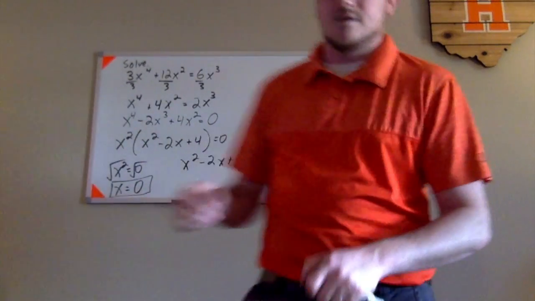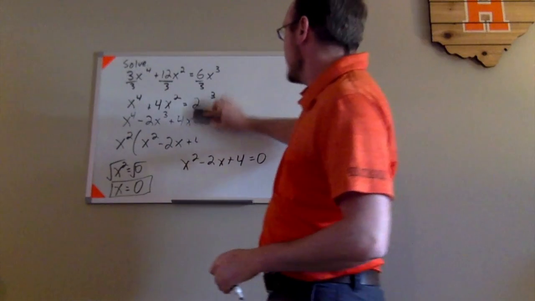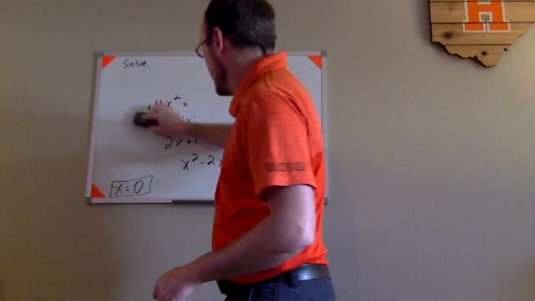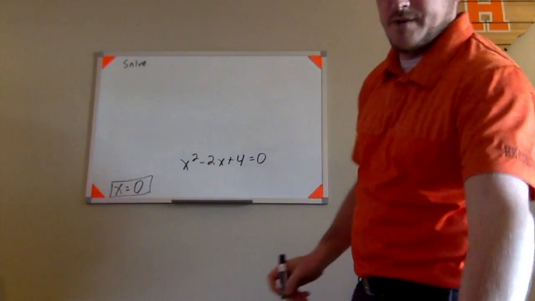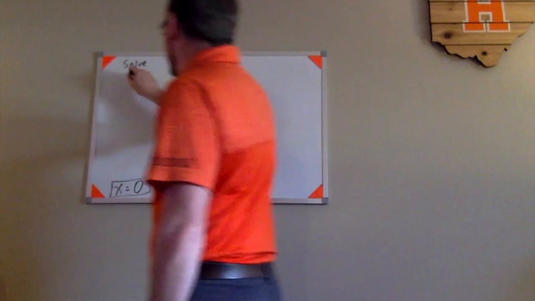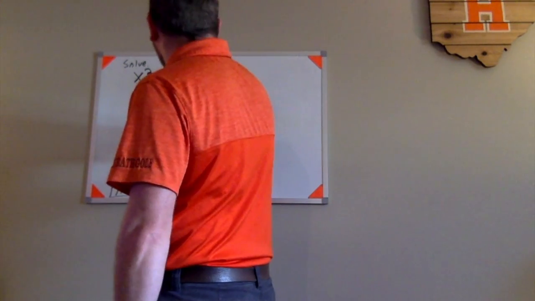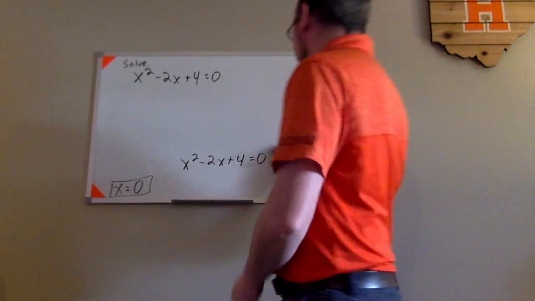So I'm going to go ahead and erase the rest of that and give myself some room to solve that. I'll leave the equation there for a second. I already have that one solution that I found there. I'm going to leave that down there so I don't forget about it. And now writing this up here, I'm trying to solve this equation, x squared minus 2x plus 4 is equal to 0, using the quadratic formula.